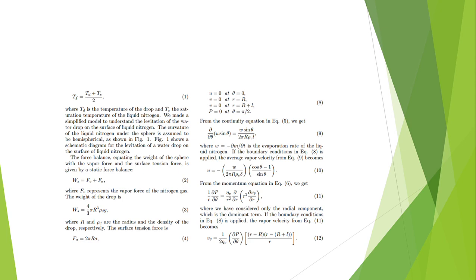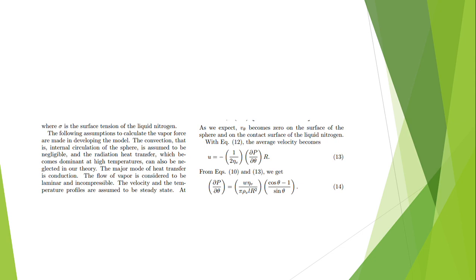If the boundary condition in equation 8 is applied, the vapor velocity from equation 11 becomes vθ = 1/(2 r ηv) multiplied by ∂p/∂θ multiplied by (r − R)(r − R − L)/r. That is equation number 12, where σ is the surface tension of the liquid nitrogen. The following assumptions to calculate the vapor force are made in developing the model.